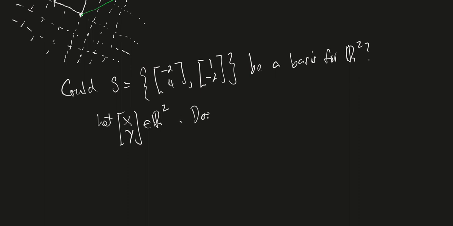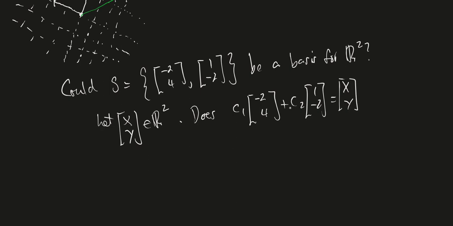So does c1 times (-2, 4) plus c2 times (1, -2) equal (x, y)? Does this equation always have a unique solution? This is now the question that translates into linear systems that will help us answer this particular question.